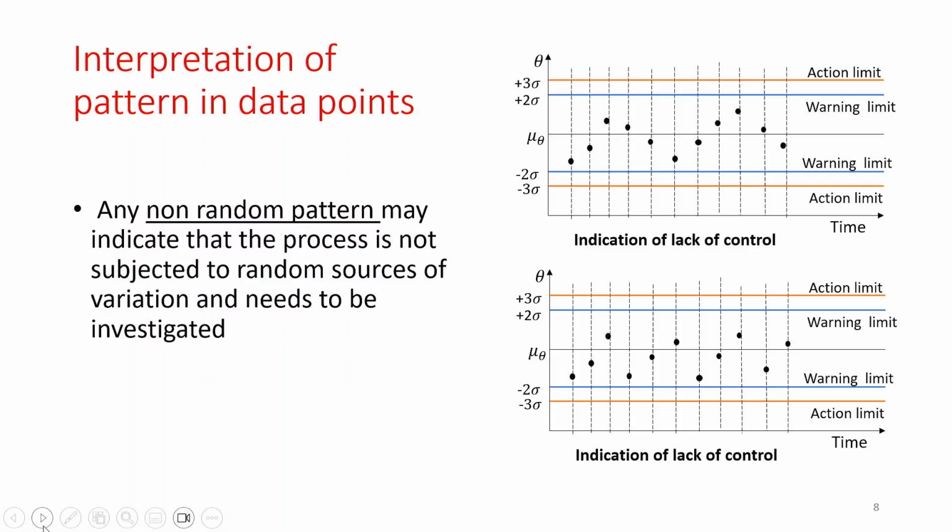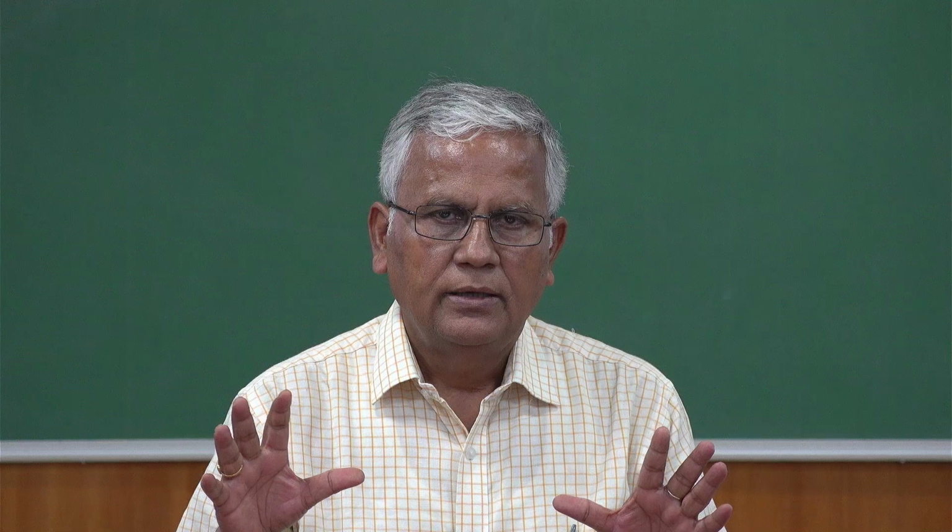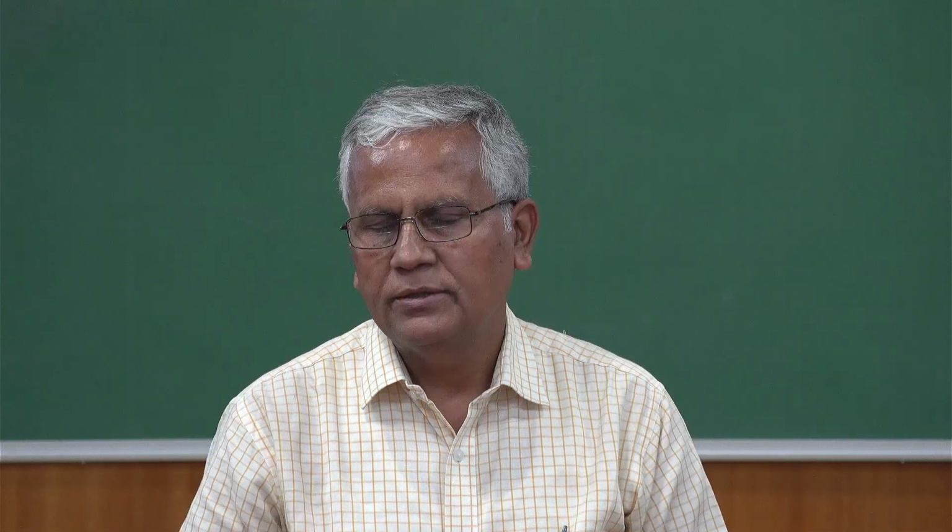Any non-random pattern may indicate that the process is not subjected to only random sources of variation and needs to be investigated. Whenever we collect data from the process, or the product that comes out from the process, whatever it is, some variation will always be there.